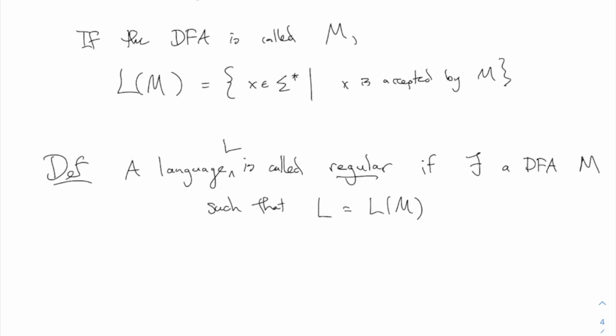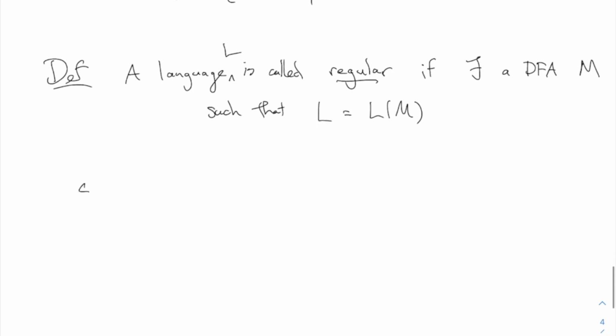So for example, X in A star such that length of X is even. This means all strings using just the letter A. That's what this says over here. All strings using just the letter A such that the length of X is even. This is a regular language because I can make a DFA for it.